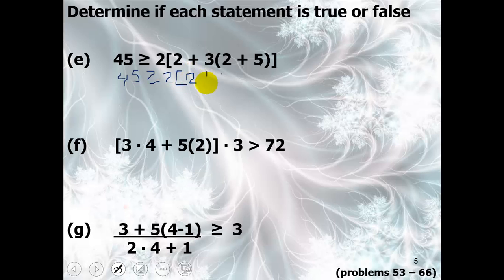I have to start with the innermost grouping, so that's 3 times 7. And then 45 is greater than or equal to 2. Now, I have to do my multiplication before I do my addition. So that's 2 plus 21.